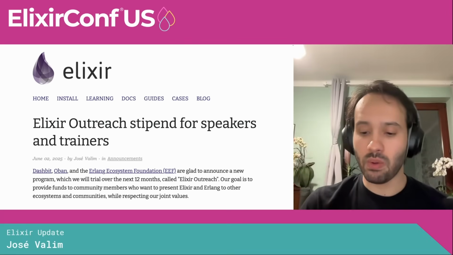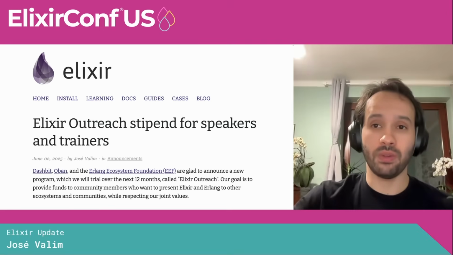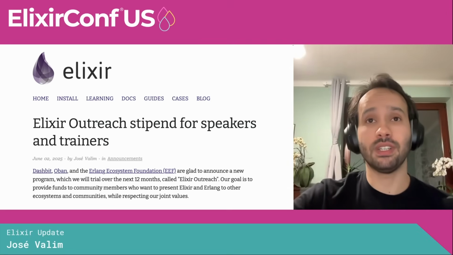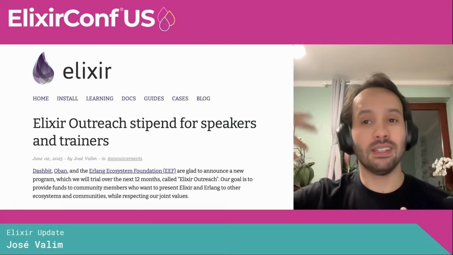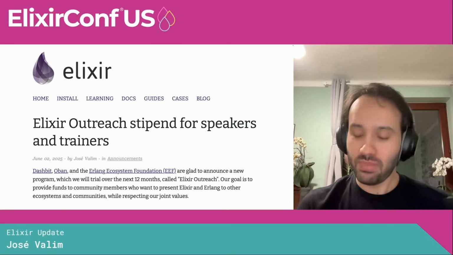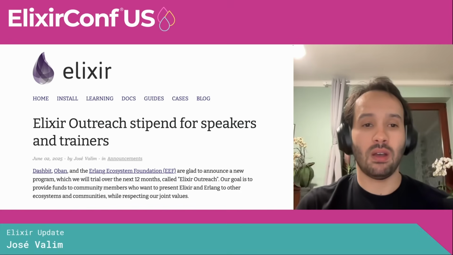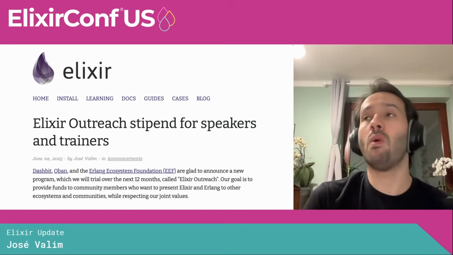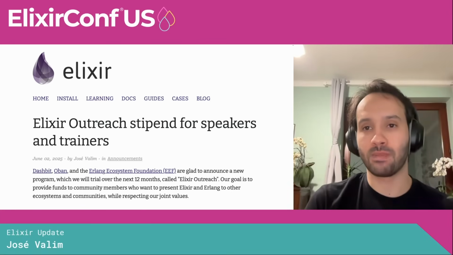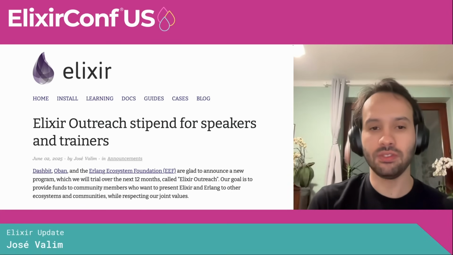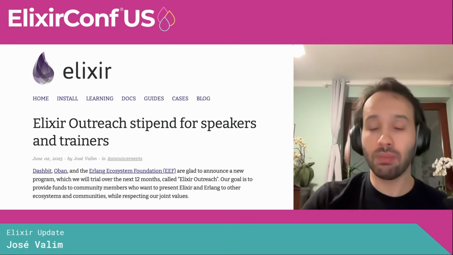In a nutshell, we want to promote members of our community to reach out to other communities to talk about Elixir and also learn about them and bring ideas and feedback back to us, right? It's a stipend to help with hotel, transportation. So if this sounds interesting to you, please do reach out, read the blog post.